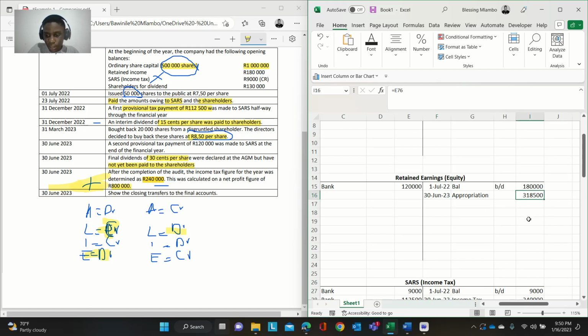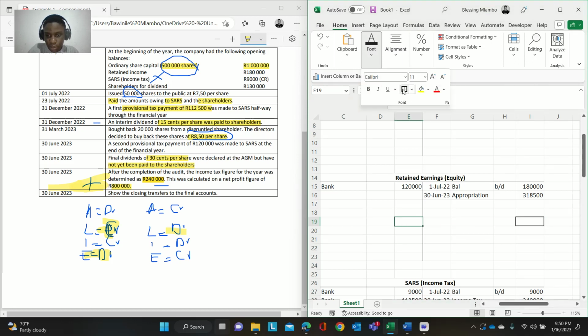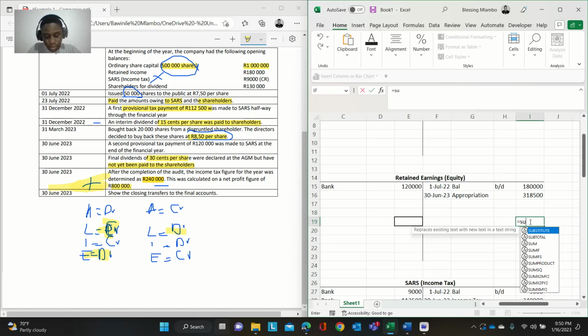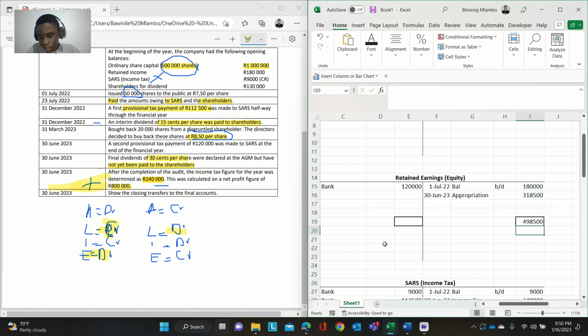Now we can balance this retained earnings account because it must also have a closing and opening balance. So we just sum. This one is going to be the bigger side. Then just sum this one also, take this one, subtract this one, and this is the closing balance.